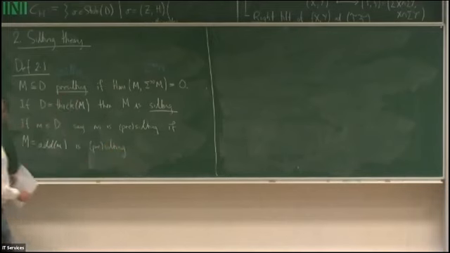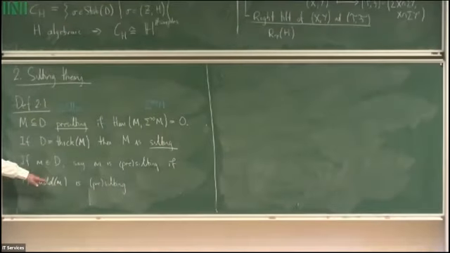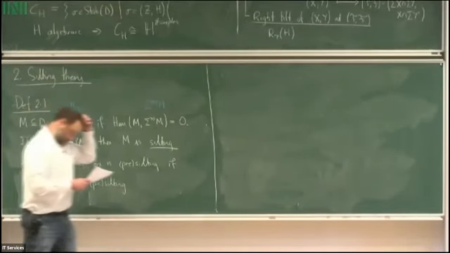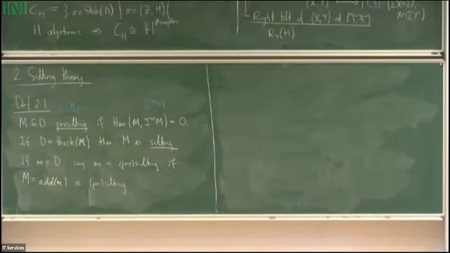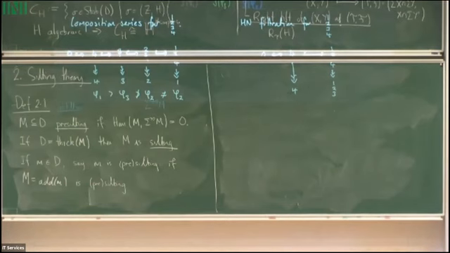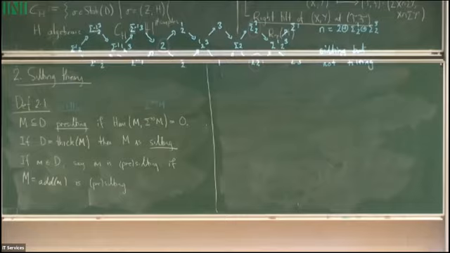The advantage of talking about subcategories rather than objects is simply I don't have to talk about objects up to equivalence. I just take an additive generator. So let me show a quick example of a couple of silting subcategories, and then probably it's a good time to stop. And I should move this down.